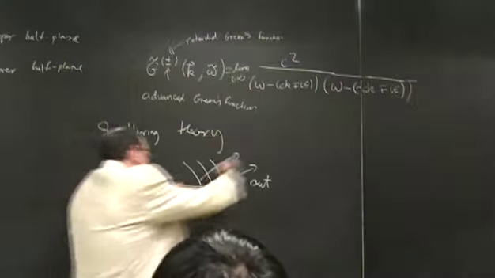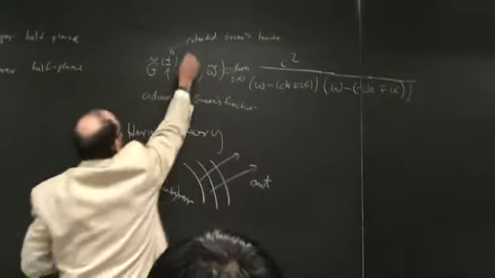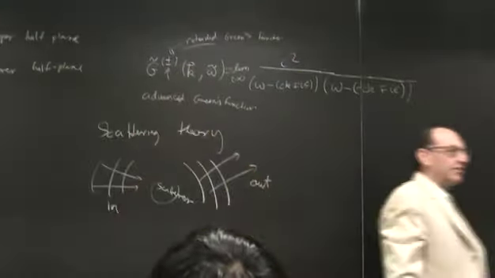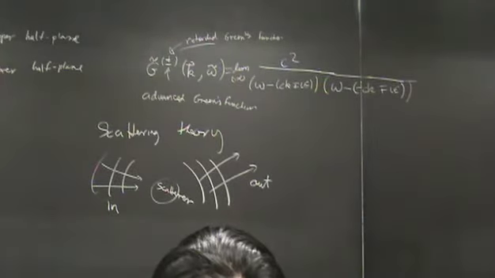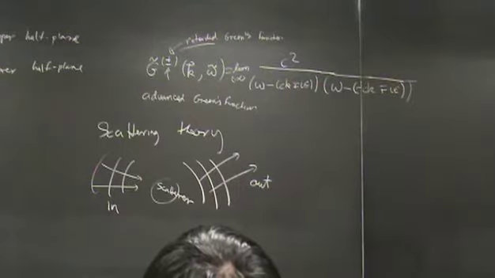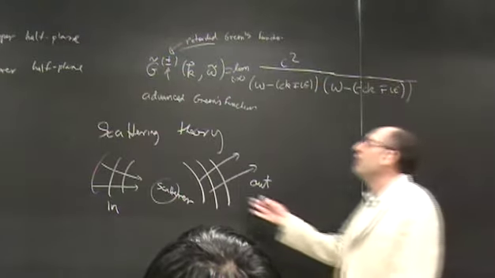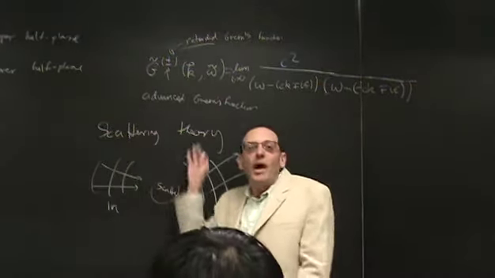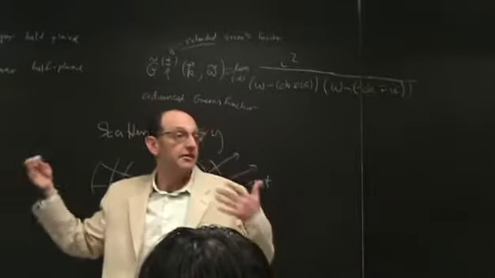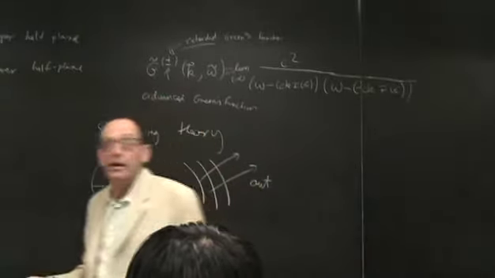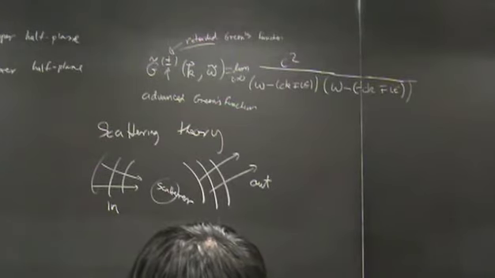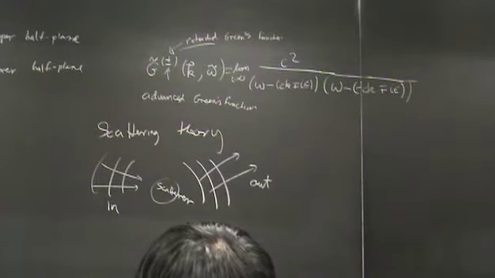And then, of course, the outgoing wave is related to the retarded Green's function. So they have mathematical meaning, which is appropriate for certain physical contexts, depending on the boundary conditions I'm thinking about. And the wave equation allows me to solve for both kinds of Green's functions.